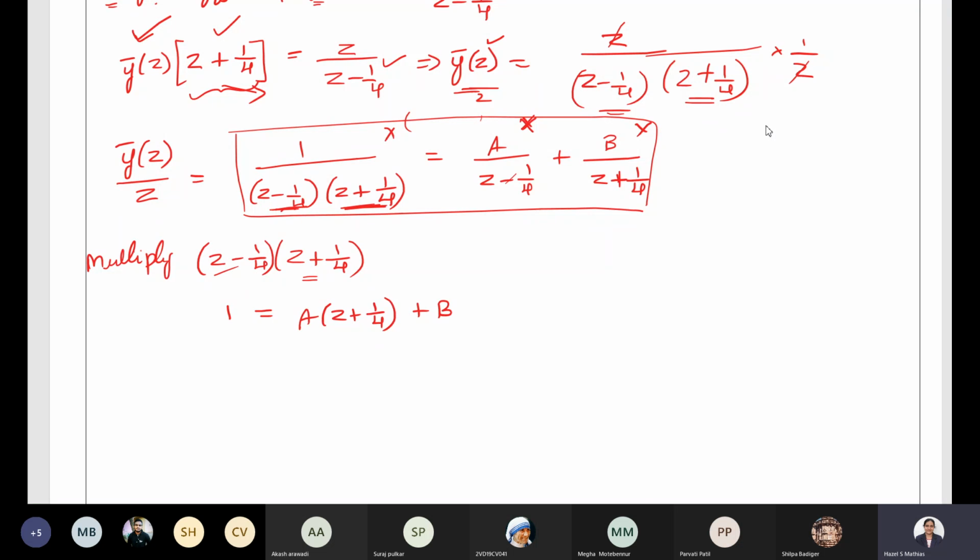Plus, for the second term, the denominator z plus 1 by 4 gets cancelled, so B into z minus 1 by 4 remains. Whatever term is in the denominator gets cancelled and the remaining terms we will have. I hope this is clear.